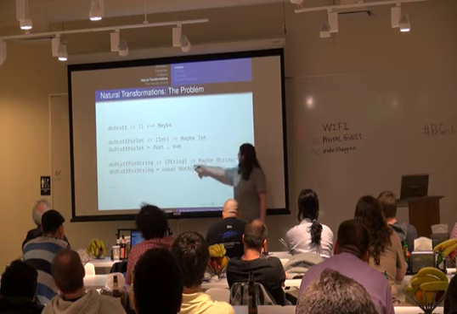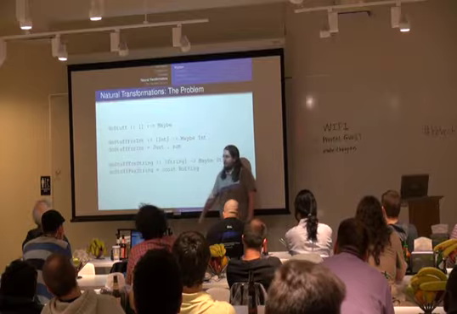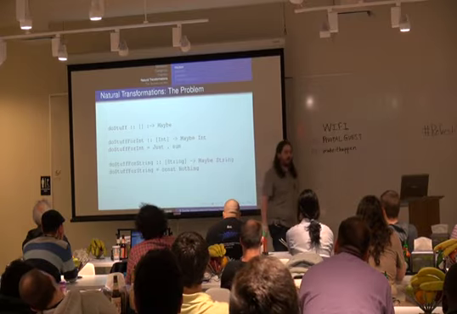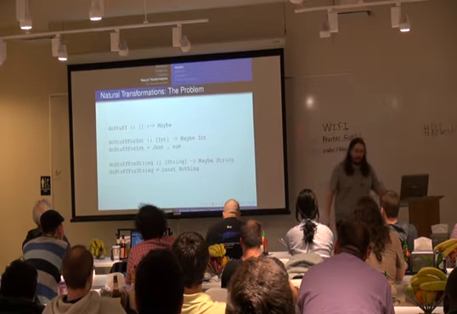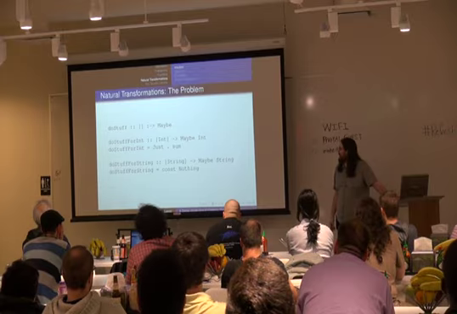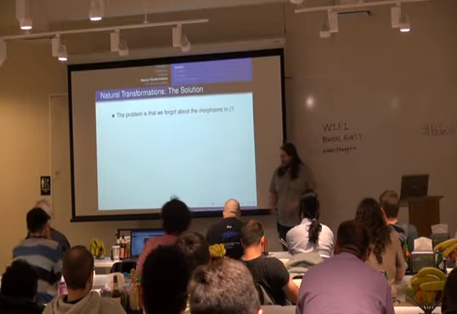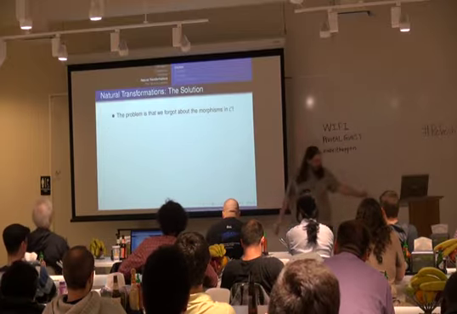If I do it for string, I need a list of string to maybe string. Well, I don't know what to do with that. I'm just going to do const nothing. And then I keep defining these, and I do it once for every type. It'll take me a long time, but I've got an infinite amount of paper and disk space, so whatever, it'll work, right?